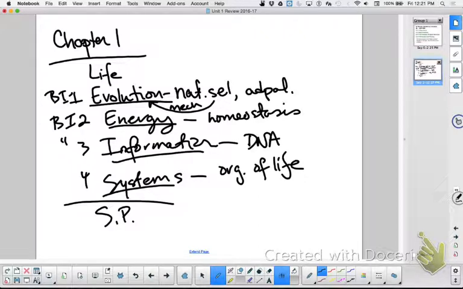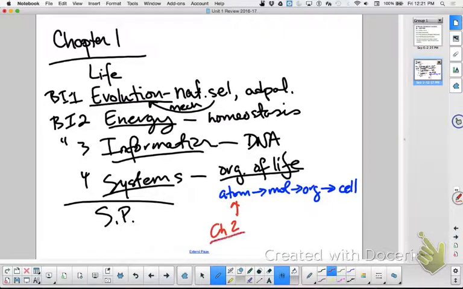Then we moved on to chapter 2. And chapter 2 was your basic chemistry. Now, remember on the organization of life right here, how does that start? Atom, then what? Molecule, and then what? Organelle, and then what? Cell. Okay? So right here, atom, this would be your chapter 2. We learned all about atoms, right?